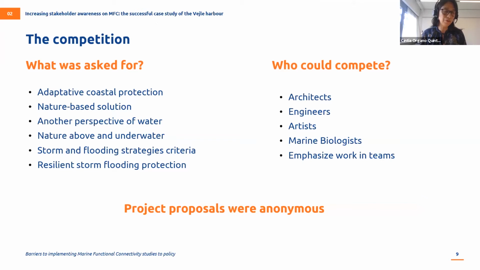What we ask for is an adaptive coastal protection that should be flexible, should not only aim for 2050 but also after that, a nature-based solution where we use the habitats and consider the connectivity of species and biodiversity. It also has to fulfill the storm and flooding strategies with climate change. So it was a very complex task that we were asking for.